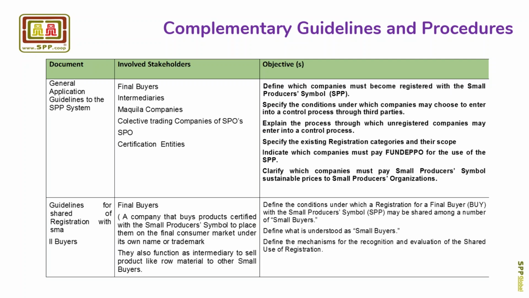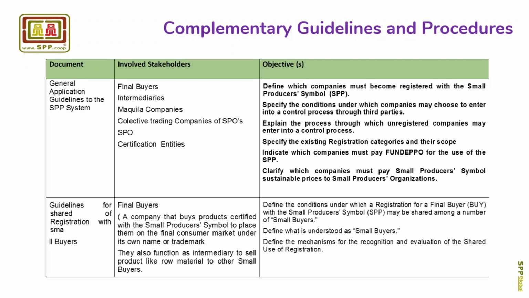Then in this document different kinds of companies are presented, because we have explained that the companies considered in the SPP system are the final buyers, the collective trading companies, intermediaries, and maquila companies, because all of them could be involved in the chain of the production and trading process.